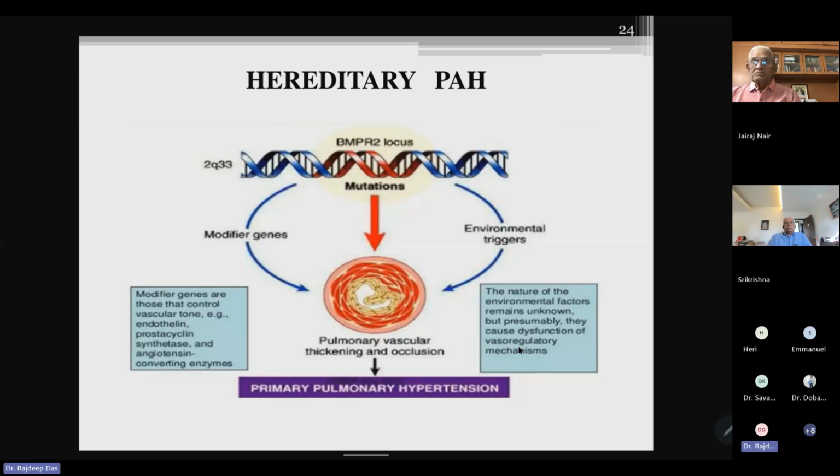In this slide, we can see that the balance between the mutant BMPR2 receptors and TGF receptors is disturbed, because there is a pro-proliferative increase in TGF beta receptor-mediated proliferation, while the mutated BMPR2 receptors are less expressed, which are originally anti-proliferative. The less expression of the anti-proliferative mechanism can lead to pulmonary arterial hypertension.